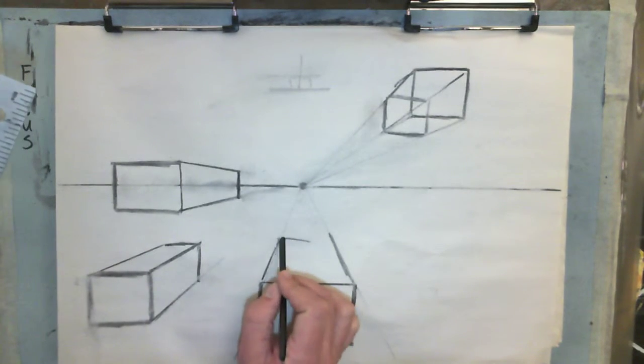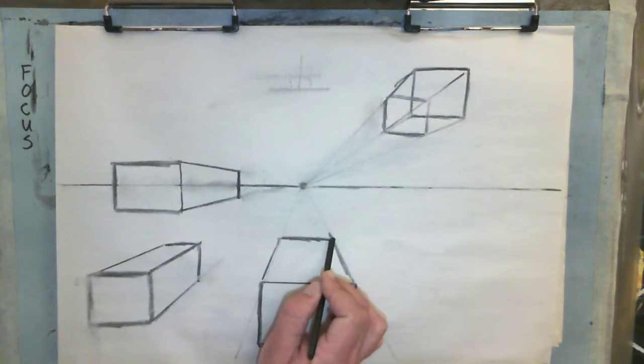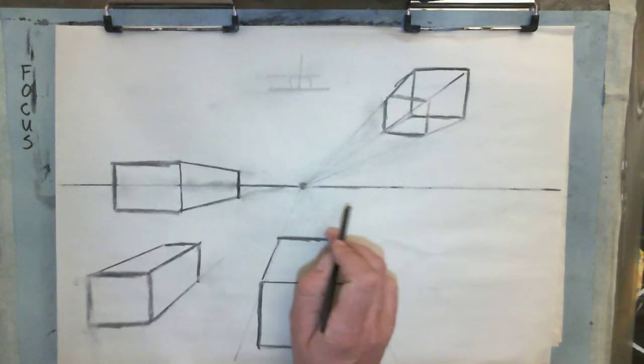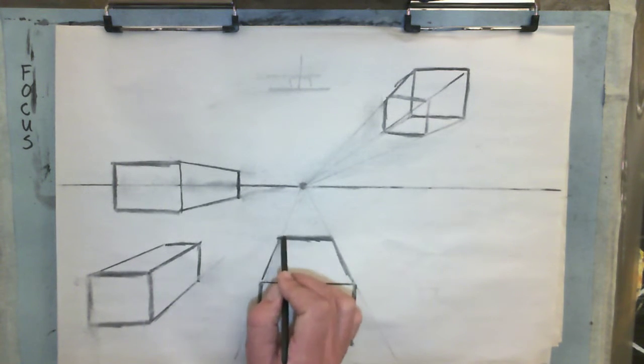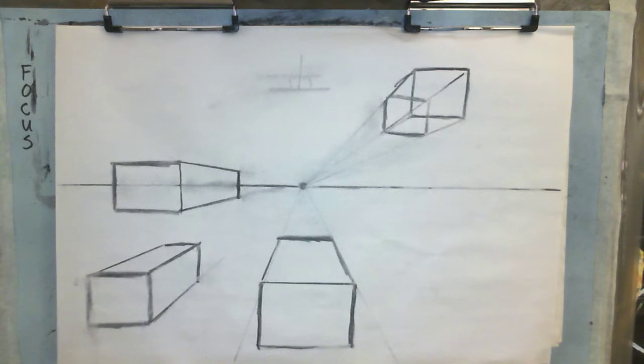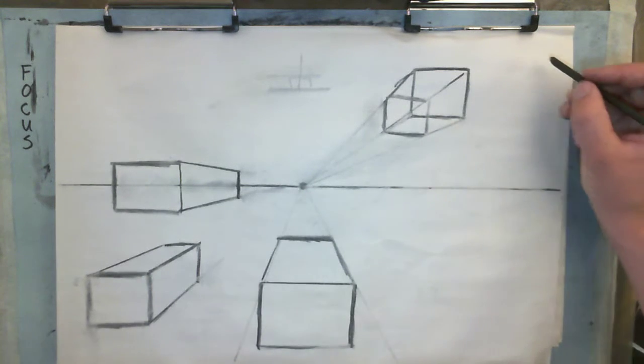And this back edge is going to be a horizontal line. Okay? Does that make sense?